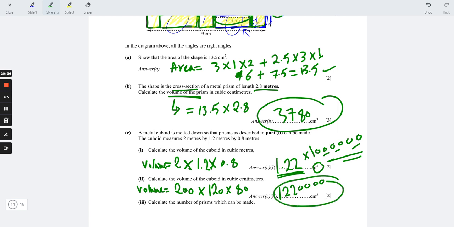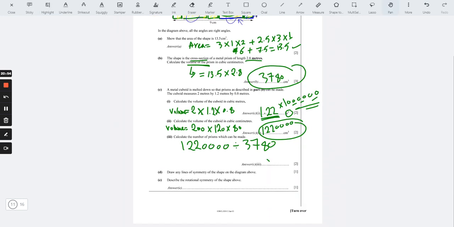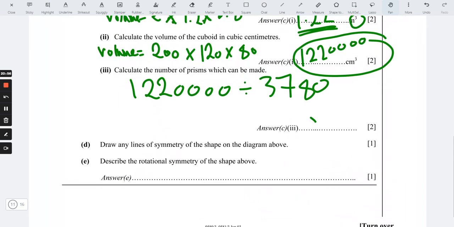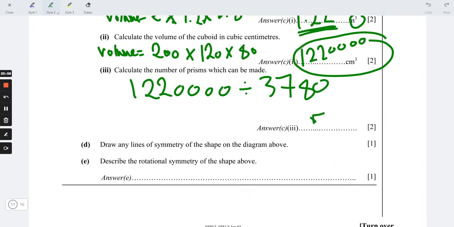So dividing them, 1,920,000 by 3,780, you will get 507. So 507 is the number of prisms which can be made.